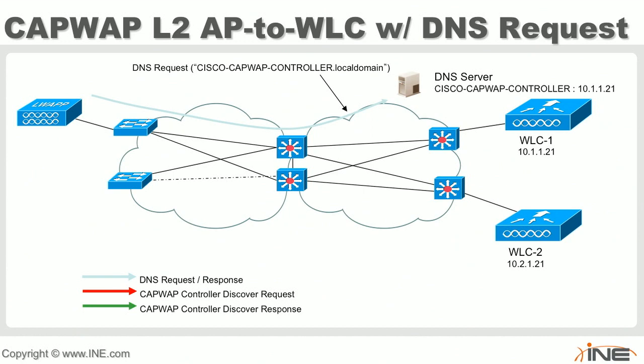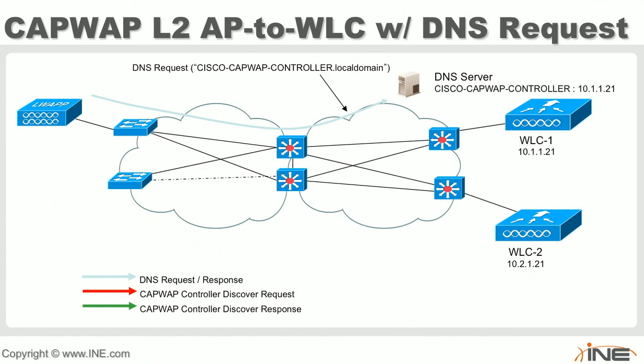At any rate, the LWAP would have already gotten an IP address, and assuming that there was not an option 43 in that DHCP setup to return the WLC name, there would have had to have been not only the subnet to allow IPs to be handed out on, there would have to be a default gateway, and there would normally be a domain name, but more importantly, a name server or a DNS server.